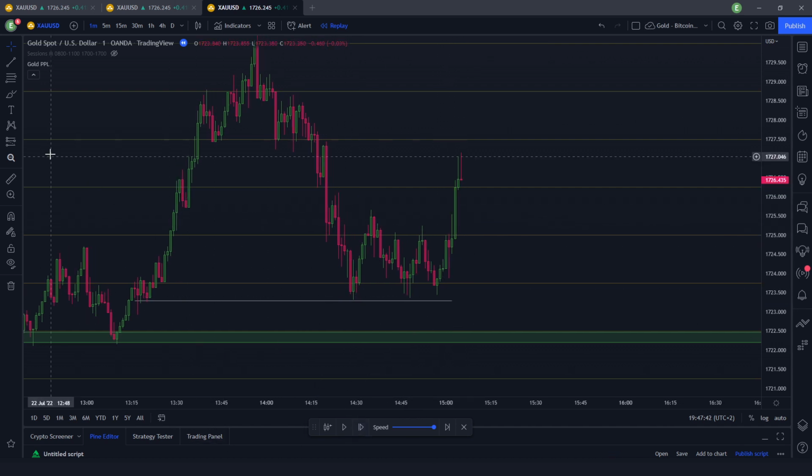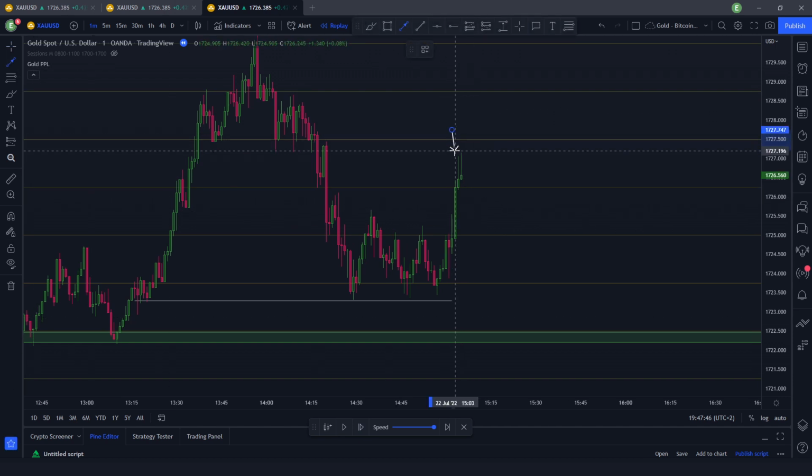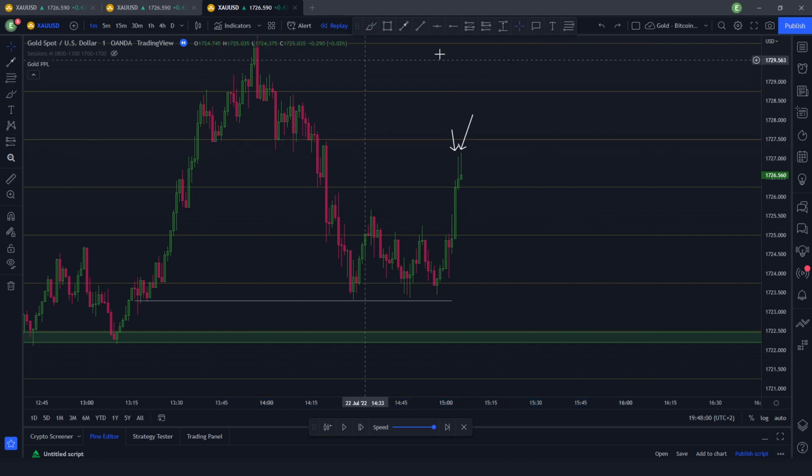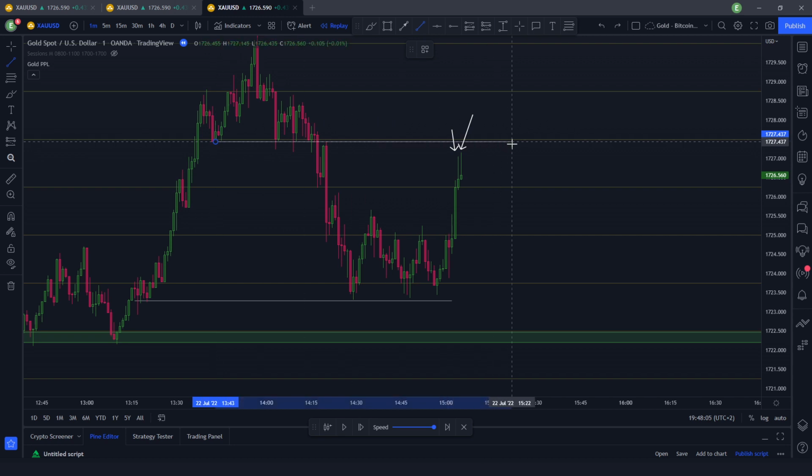Okay, and now I was telling you, look at these candles. So let me put this. Look at the wicks. For now, these wicks, where are we? I think we still have some room to the PPL and these previous lows for price to go bullish before going back down.